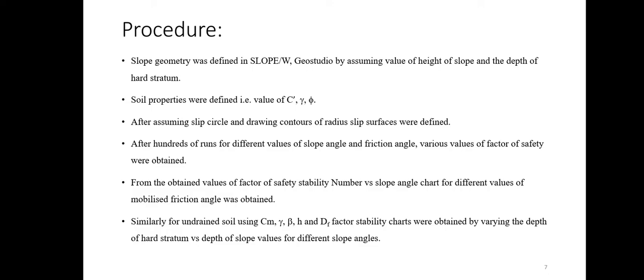Similarly, for undrained soil, using Cm, gamma, beta, h, and a factor Df, the stability charts are derived. Here the depth of the hard stratum and the height of the slope were varied to obtain the stability charts.